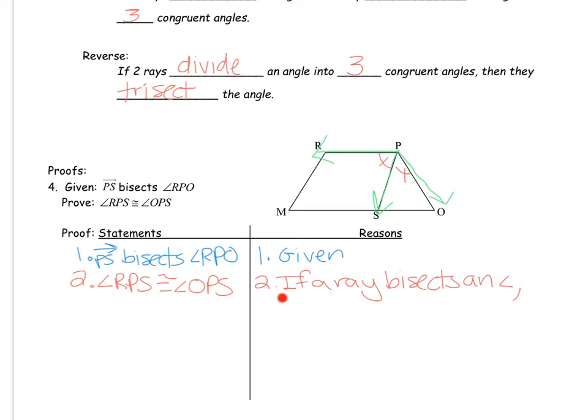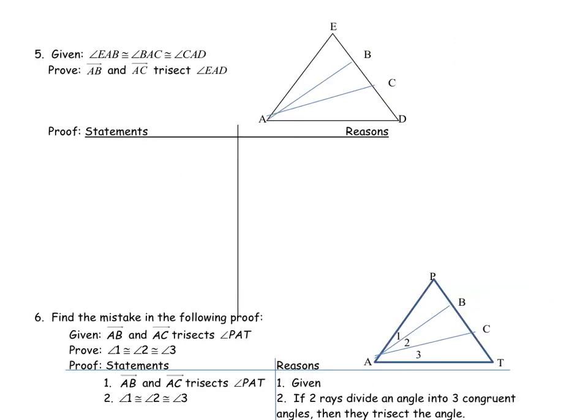If it's in a previous step, it can go in the if. So if a ray bisects an angle, then what does it do? It divides it into two congruent angles. When you get stuck thinking about what does it do, that's when you have to think about that key D word, divides. It divides it into two congruent angles.